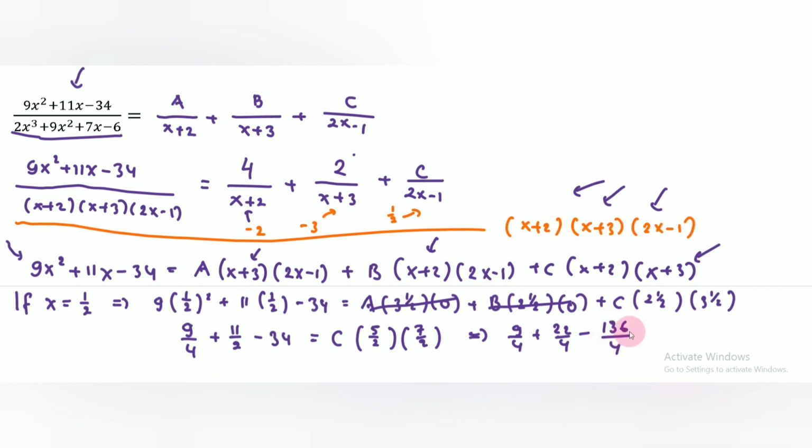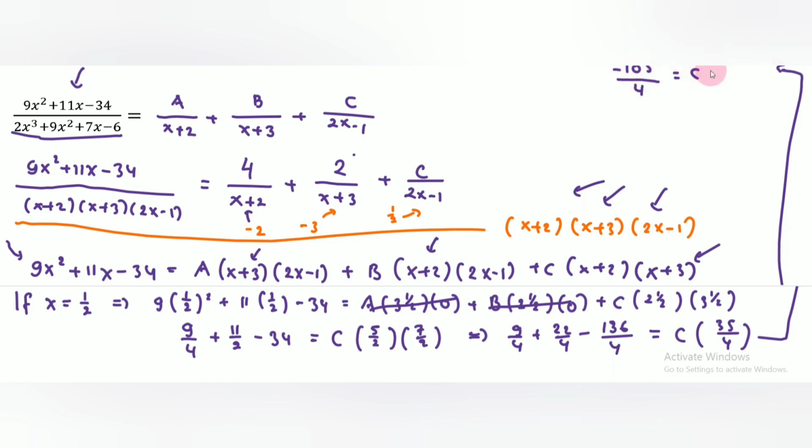36 over 4. Okay. And then it will be equal to c multiplied by 35 over 4. Okay, so I need some space here, so let me go to this one. After I simplify the left member, it will be negative 105 over 4 equals c multiplied by 35 over 4.